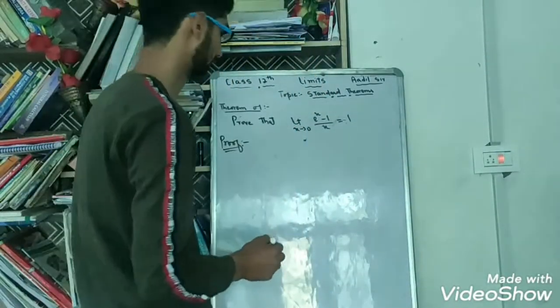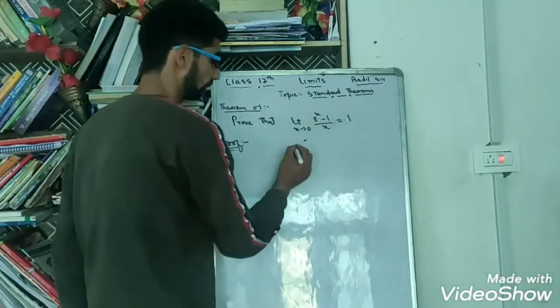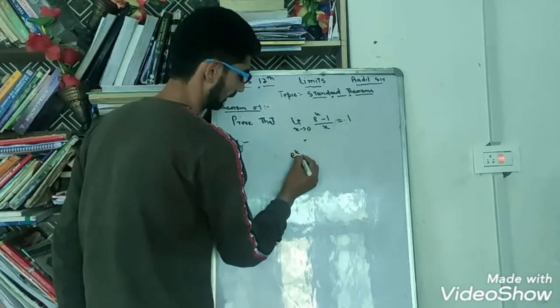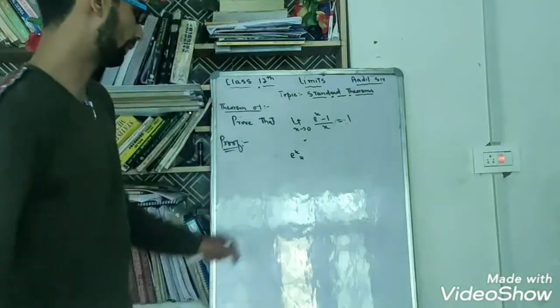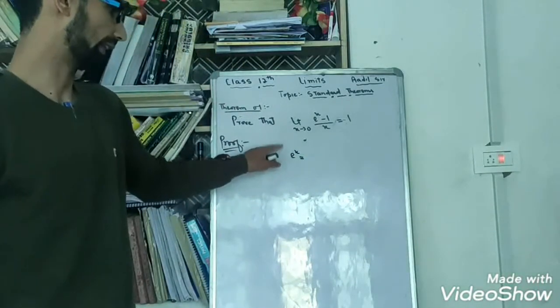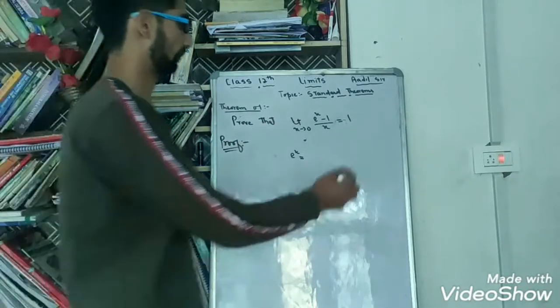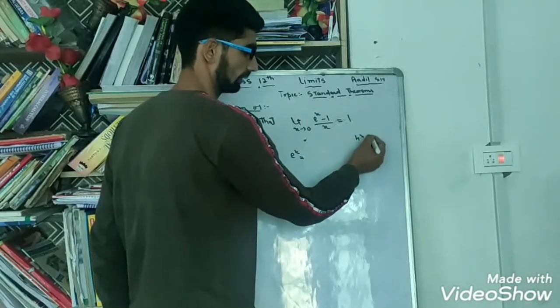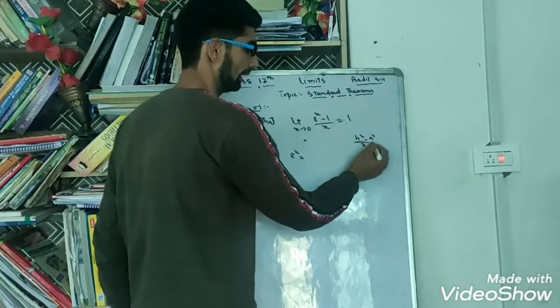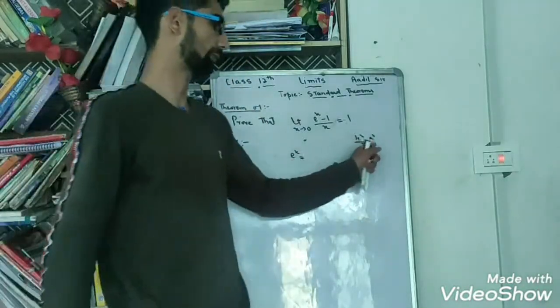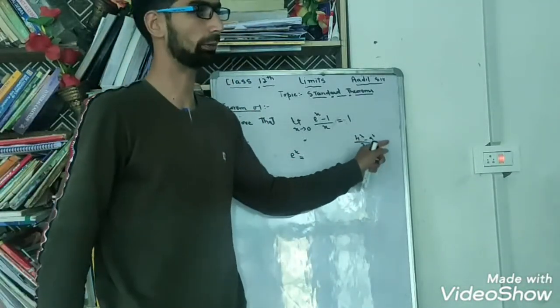I have already given you the expansion of e raised to x. You can find the expansion of e raised to x just as we found it for (x^n minus a^n) divided by (x minus a), by the help of long division.